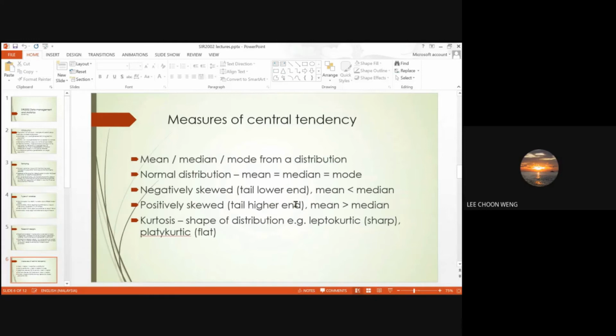I'll show you diagrams on this later. We also have kurtosis, the shape of the distribution: leptokurtic, which has a sharper rise, platykurtic, which is flatter, and mesokurtic, which is the normal one.